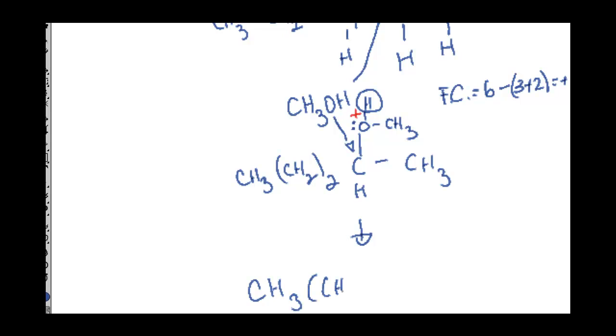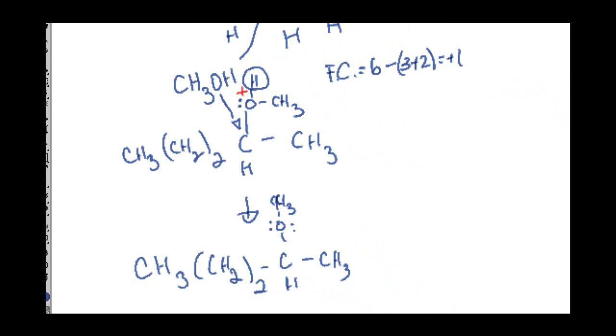The ether, because it's carbon chain, oxygen, and then another carbon chain. And then we also have the alcohol that's got 2 hydrogens bonded to that oxygen, so it's got a plus charge on it.